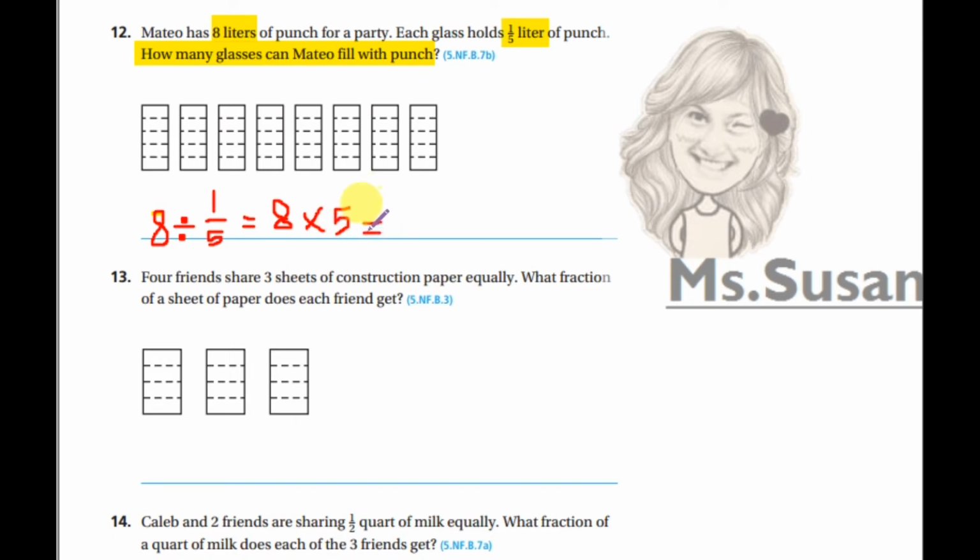Equals. Now I have two whole numbers multiplied by each other. So review with me times table 2 or times table 8. 8, 16, 24, 32, then 40. So the answer will be 40.